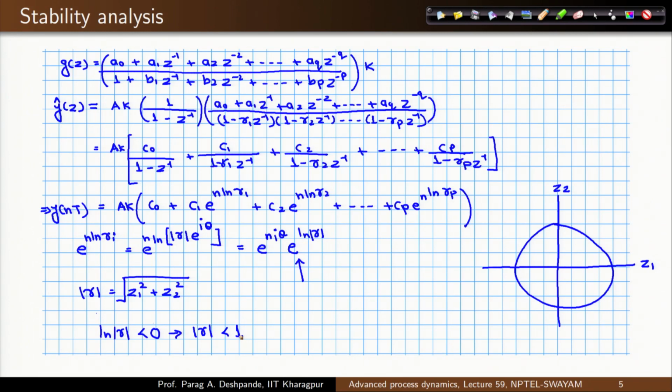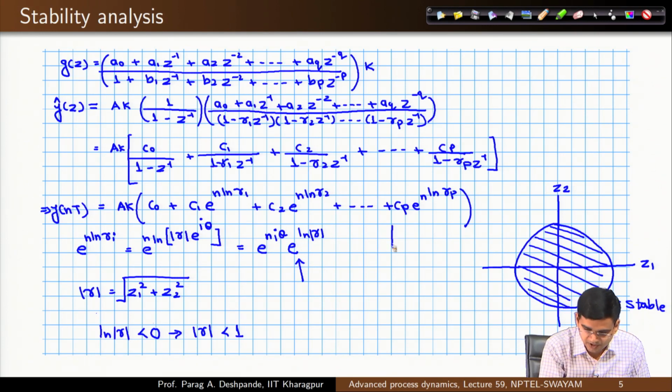The log of a quantity less than 1 is negative. So, therefore, as long as you have z 1, z 2 in this region, your system is stable, otherwise the system is unstable, and I can draw a corresponding plot.